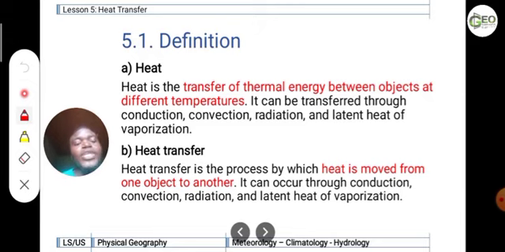So heat is the transfer of thermal energy between bodies at different temperatures, while heat transfer is that process through which heat is moved from one body to another. And heat transfer can occur through conduction, convection, radiation, and latent heat of vaporization.